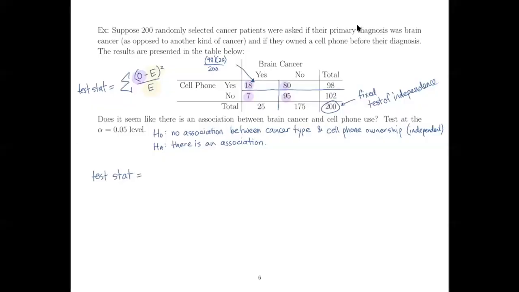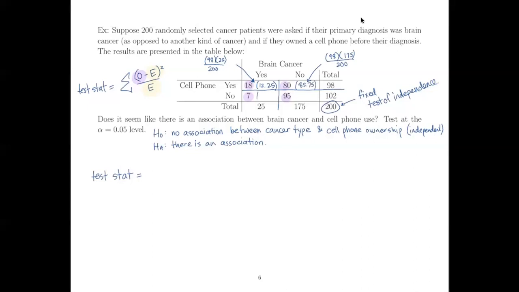So that gave me 12.25. So let's do it for one more cell here. For this cell, the yes cell phone, no brain cancer cell, we've got the row total times the column total divided by the overall total. And when I do that, I get 85.75.